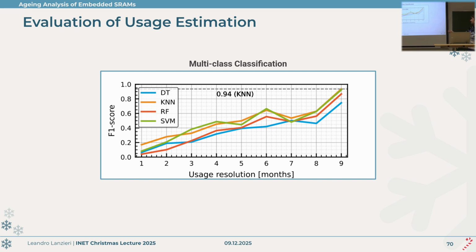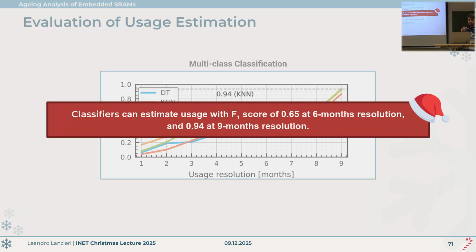That means that at this point it is basically a two-class classification problem, and we can see that the F1 score at 8-9 months is relatively good, particularly with k-nearest neighbors. So we can estimate, with 0.65 F1 at 6 months resolution and a bit more at 9 months resolution, the usage of the devices based on the features that we presented.